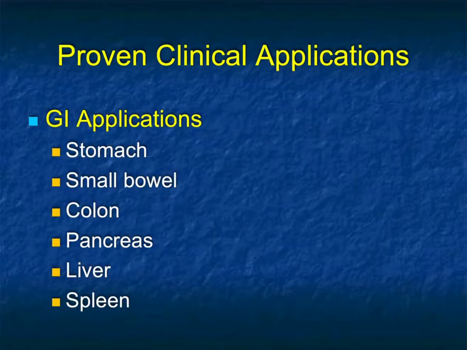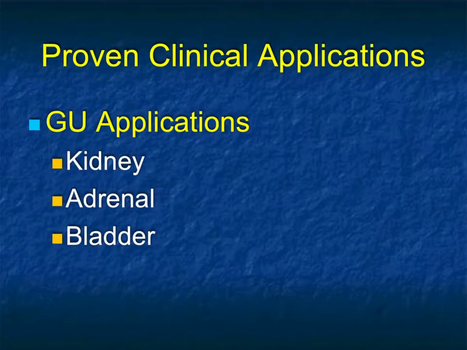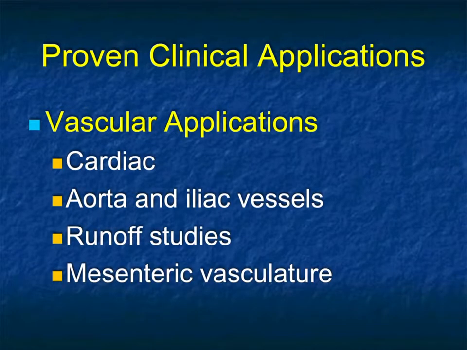If you think about applications, there are way too many for me to review. On the GI, you can think about stomach, small bowel, colon, pancreas, liver, and spleen, to mention just a couple. GU applications ranging from the kidneys to adrenals to the bladder.